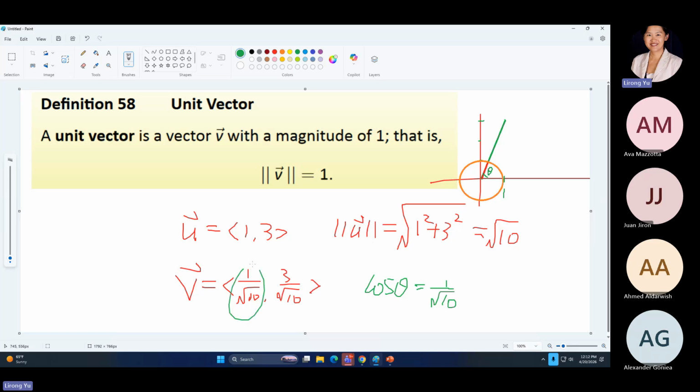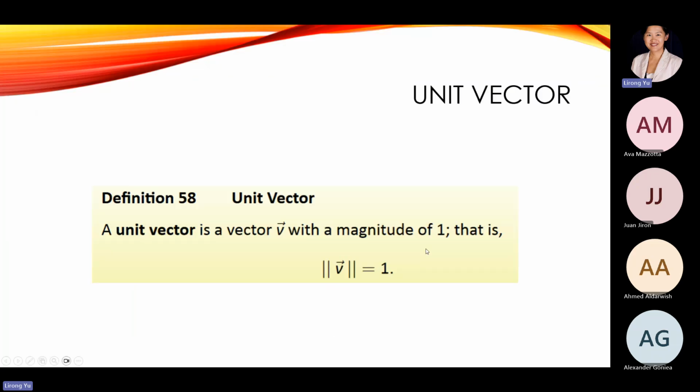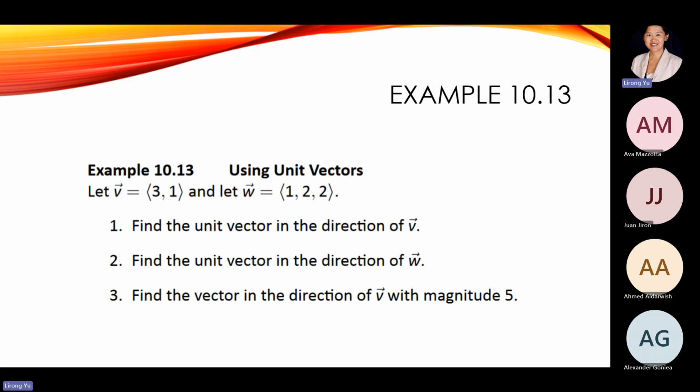So this is actually cosine theta, and then sine theta will equal 3 over root 10. So for all the unit vectors in 2 dimensions, the x value is cosine theta and the y value is sine theta. Then theta goes around the circle from 0 to 2 pi and covers all the vectors on the unit circle. Higher dimensions are more complicated, so we're probably going to wait for that later, but at least it's workable.